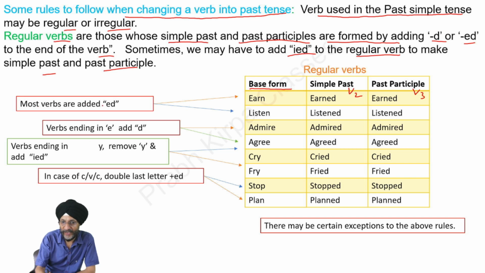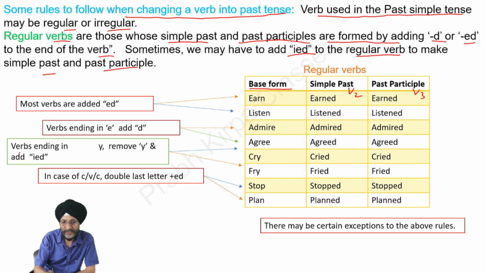Most verbs are added ed at the end of the verb so that we may use the same in the simple past form. Earn becomes earned. Listen becomes listened. Now there are certain verbs which end with e. In that case, we have to add d at the end of the verb. For example, admire becomes admired. Agree becomes agreed.